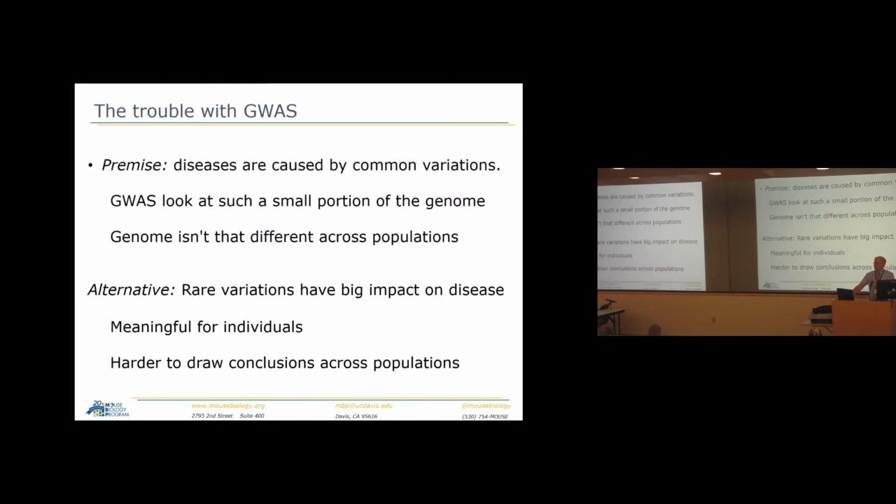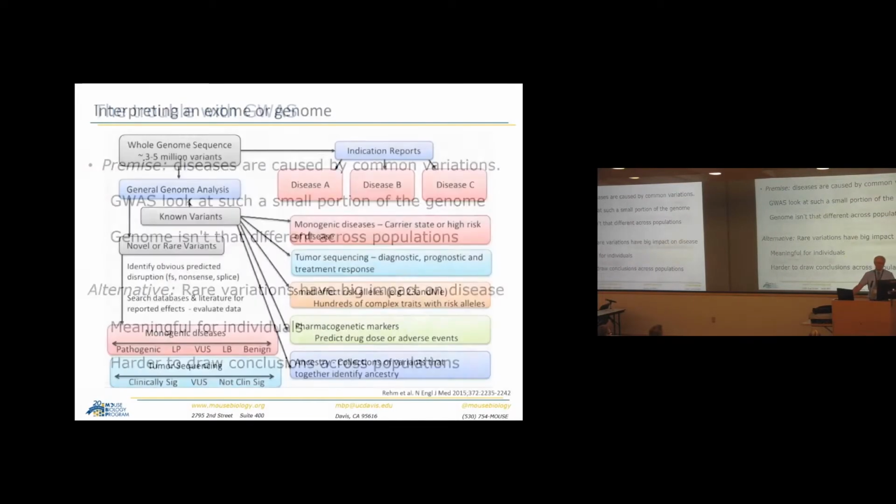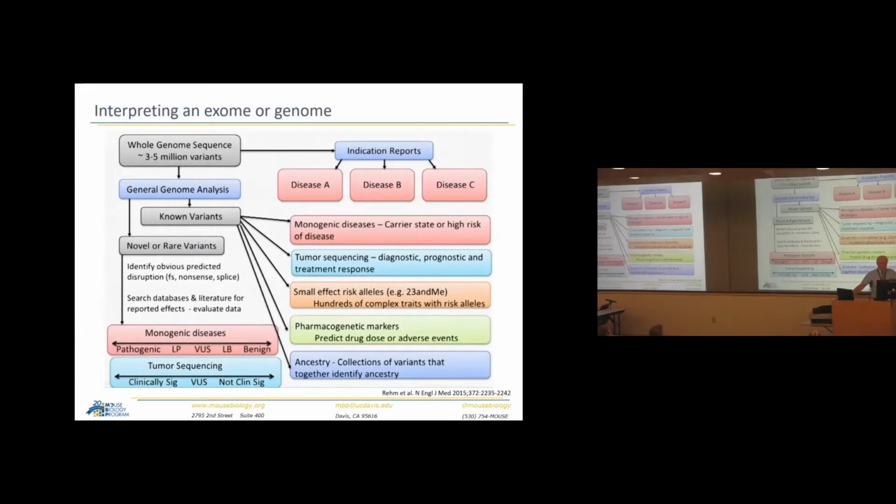So in order to find that sweet spot between identifying variants that affect not only individuals, but also can be applied across populations, we haven't gotten there yet. So step by step. Here's an example of what it is like to do a GWAS study, or interpreting an exome originally, or even now whole genome sequencing, which has become very economical to do.